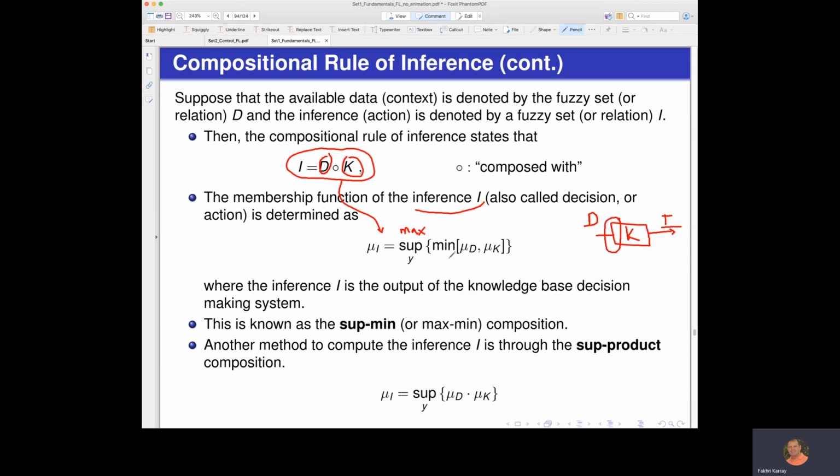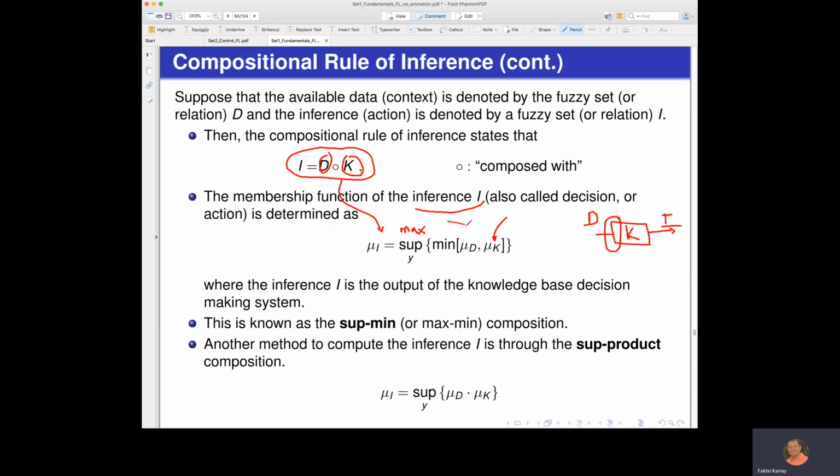So this is the maximum of the min of mu D and mu K. Remember, mu K is now a set of the relation, which is the engine itself, produced by all these if-then rules. And mu D is no other than the context or the input data. We are going to see an example in a few moments.